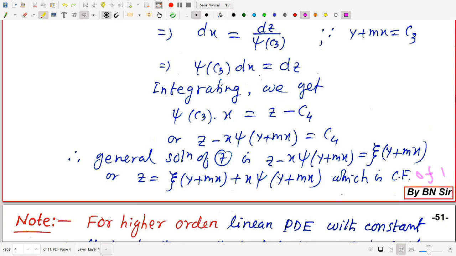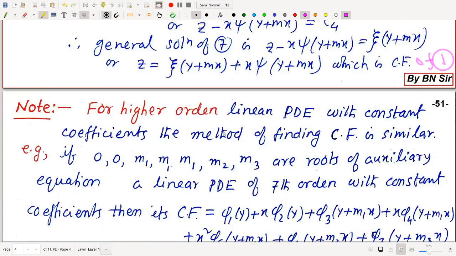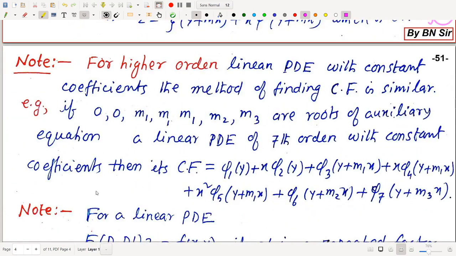It is the general solution of number 2, no doubt, but it is the CF of PDE number 1 when the right side is f of xy.